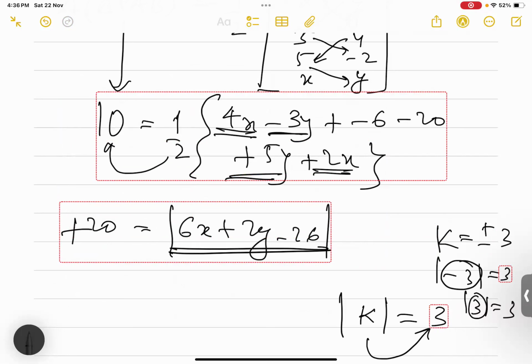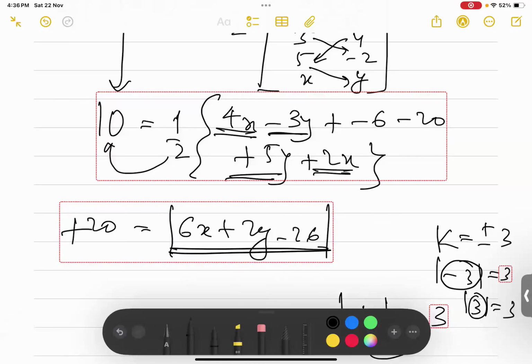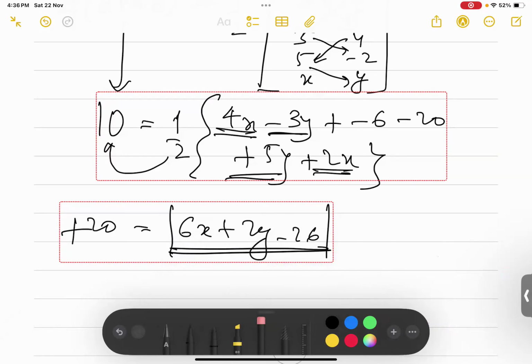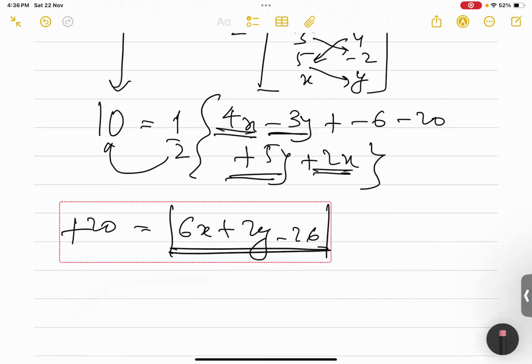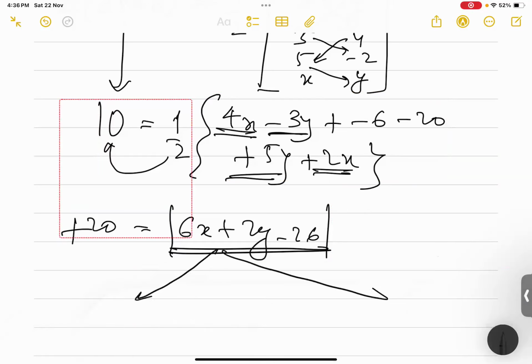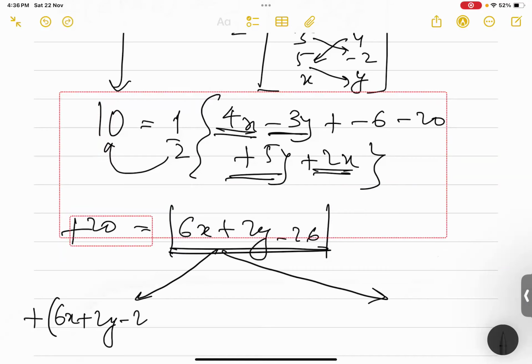Similarly over here, since there are unknowns, we'll take positive or negative values. So case 1: plus 6x plus 2y, inside value can be positive or inside value can be negative.